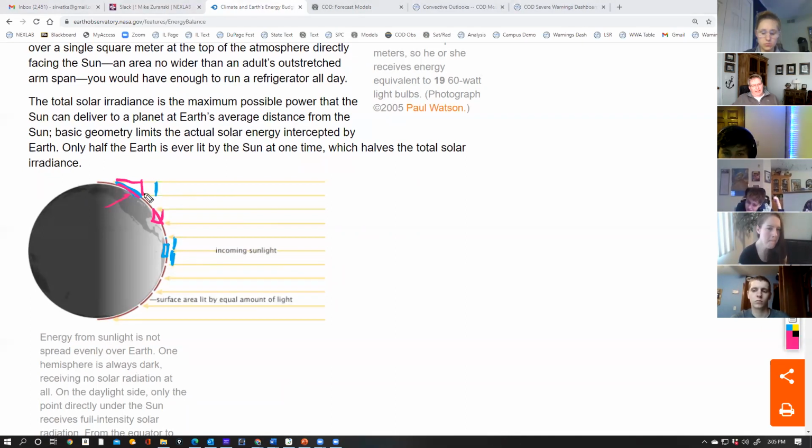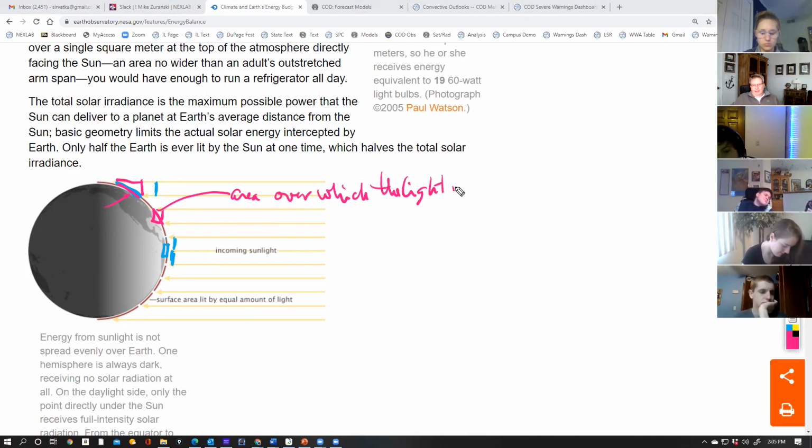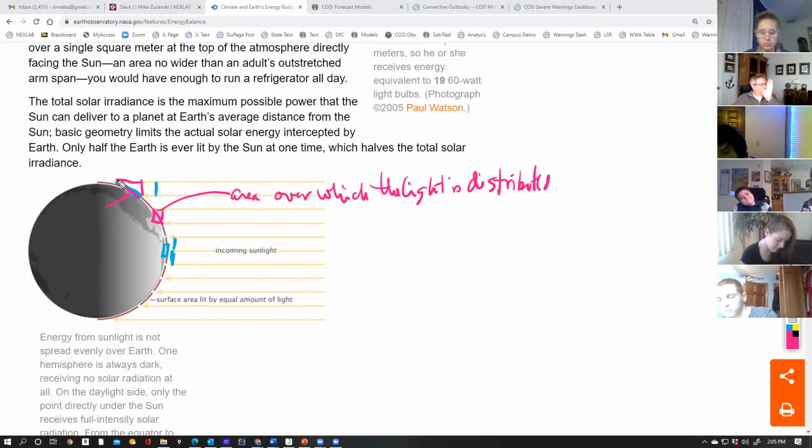But the area that it's distributed over is the hypotenuse, the area over which the light is distributed. Do you agree that the area will get bigger and bigger the more tilted away from the sun we are?